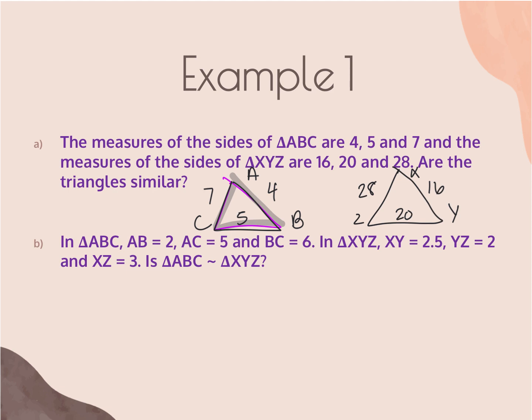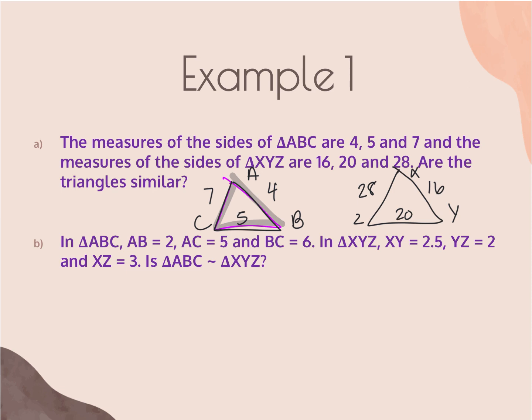So setting up as a proportion, I have 4 over 16, 5 over 20, and 7 over 28. If I were to simplify all of these, what would I get? Good, 1 over 4 for this one, 1 over 4 for that one, and 1 over 4 for my last one.